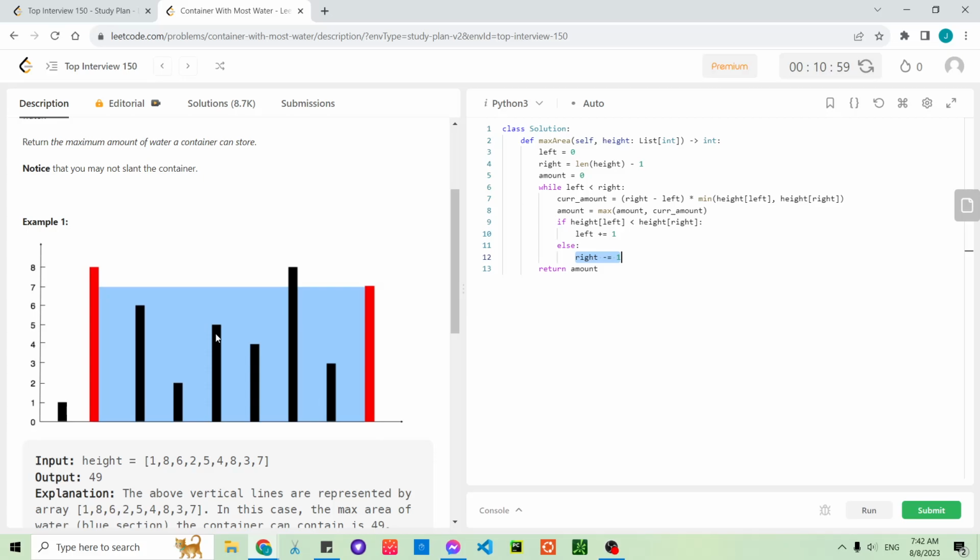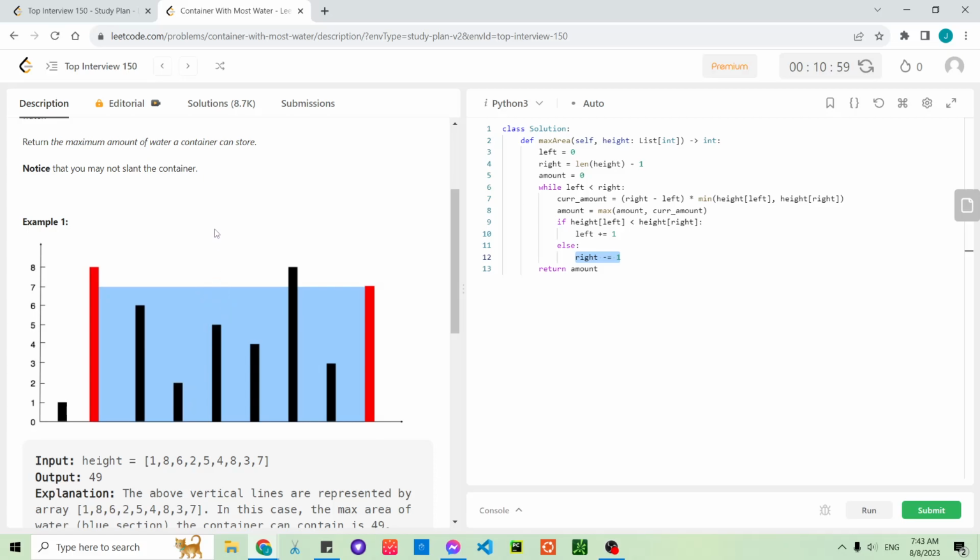Then they will also move towards it, but in that case the maximum volume it can get is the difference here times the height here. That's the only chance it will get higher.